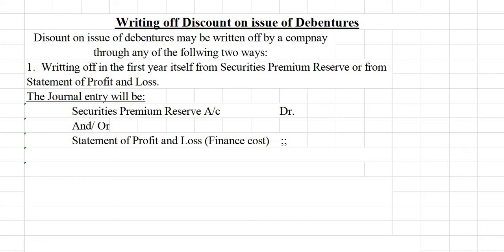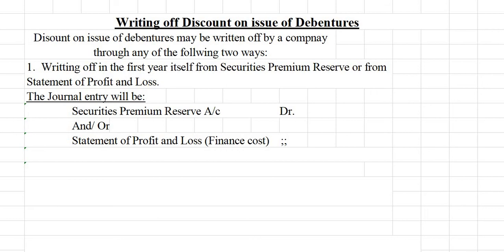For example, our loss on issue of debentures, that means the discount to be written off, is 50,000. And if the securities premium reserve is only 30,000, how much can be written off from the securities premium reserve? 30,000 will be written off. The remaining 20,000 can be written off from the statement of profit and loss.